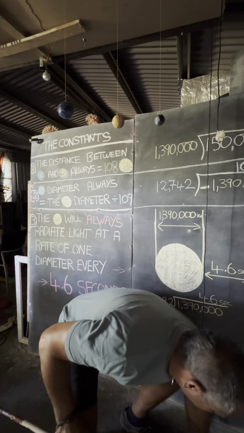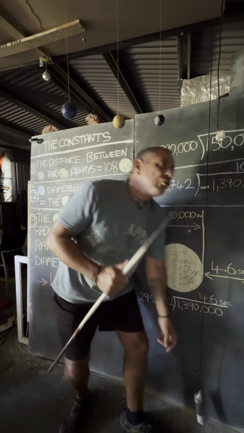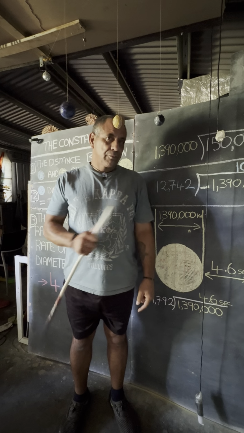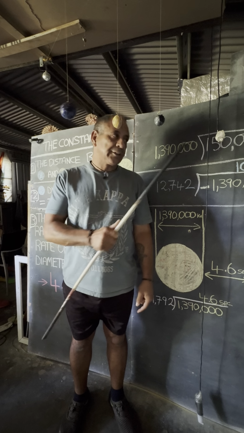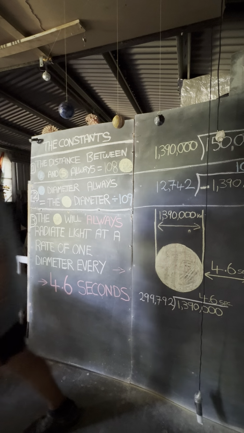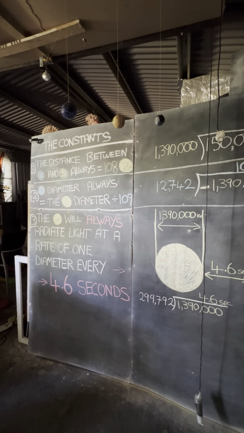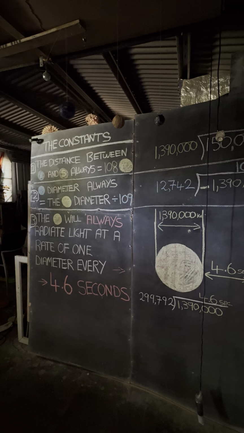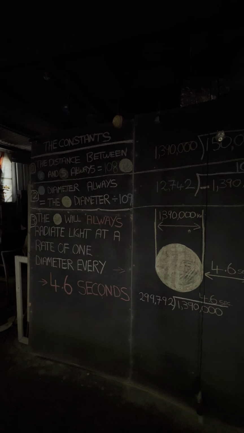Now we would expect, this is a perfectly to scale diagram, distance between the sun and planet Earth. We've got Mercury and Venus in between for depth, but they do nothing else. So what we have, we're about to turn the sun on.